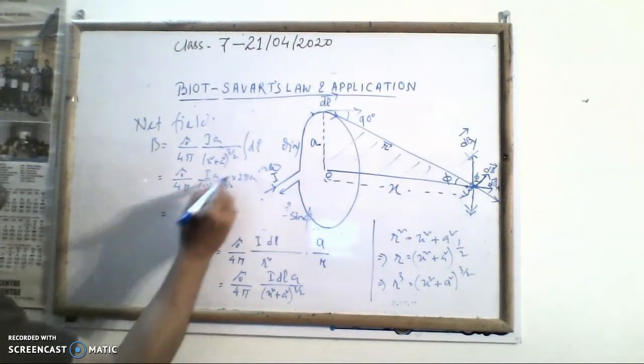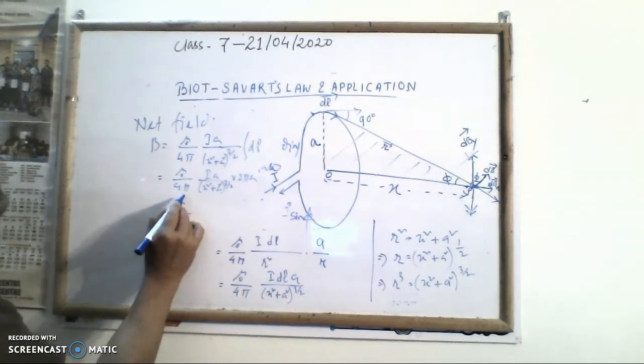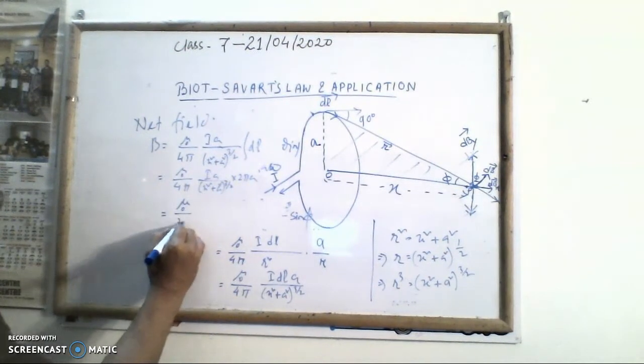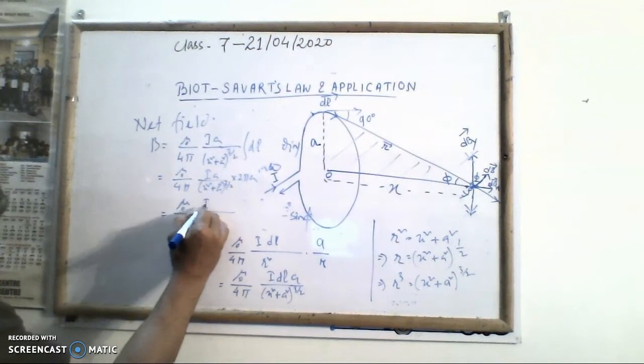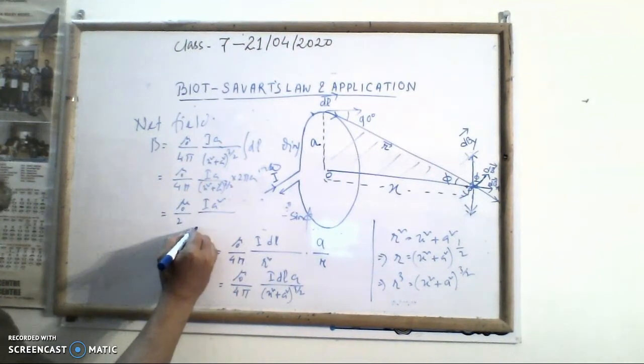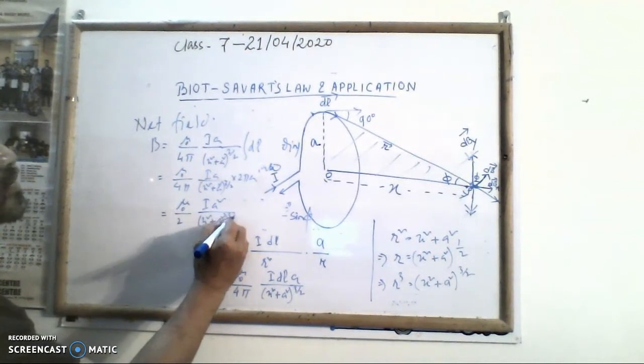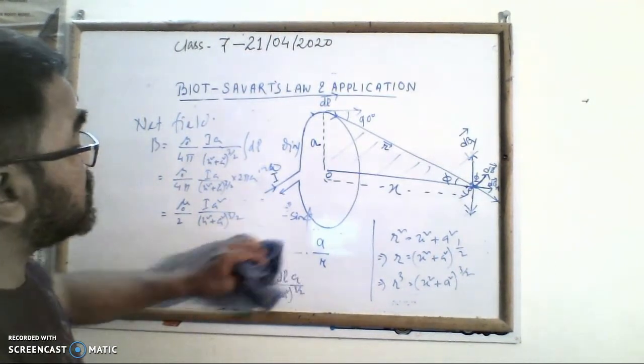Finally, the 2 pi will be cancelled, giving mu naught by 2, I a square, over x square plus a square to the power 3 by 2. So this is the expression.